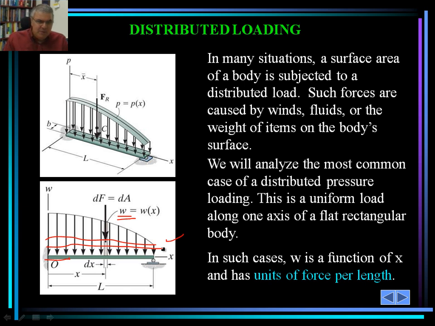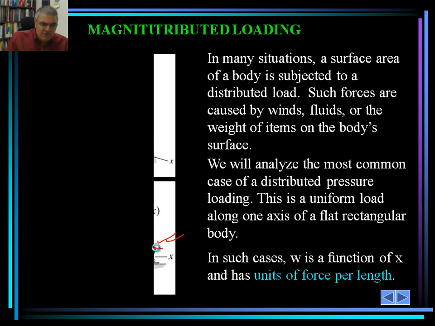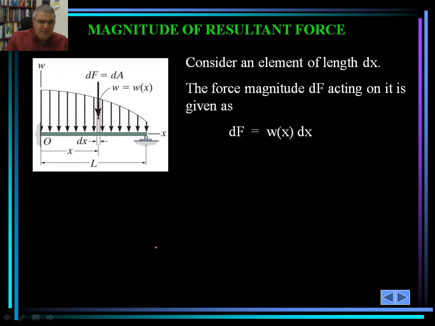The magnitude of W could vary along the x-axis. So, for example, here it could be 500 pounds, and down here it could go down to 100 pounds with the variation shape as shown by this diagram. So we would consider an element of length d sub x.